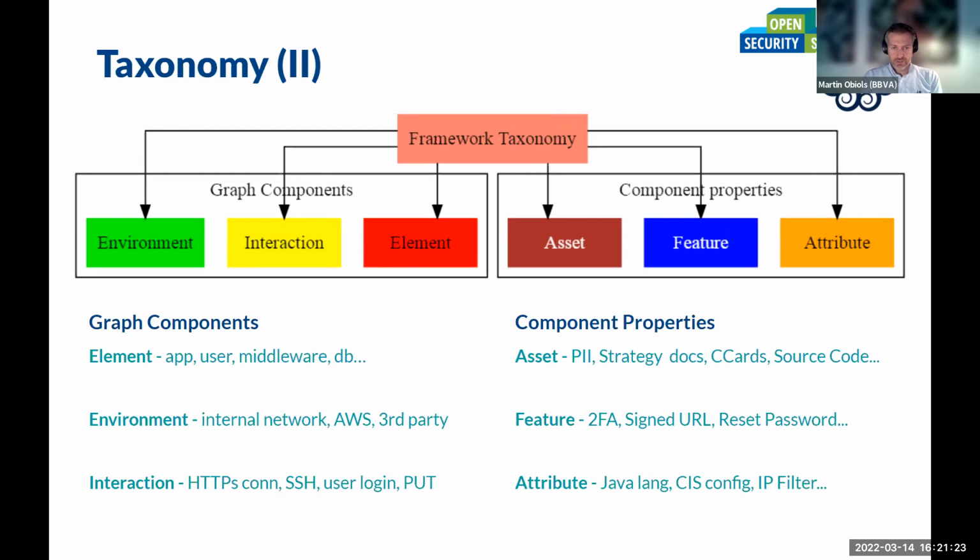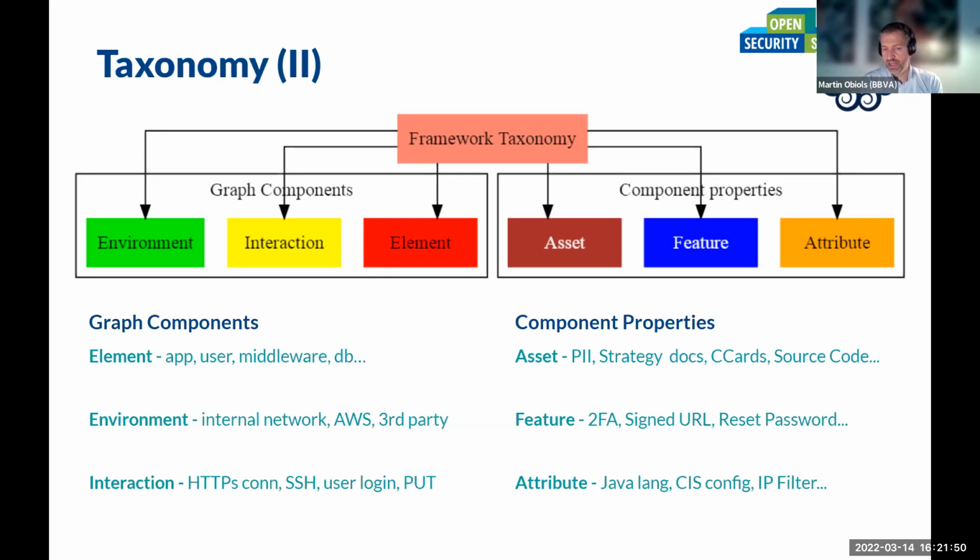Following up with the other part of the taxonomy, we have the component properties on the right. These are not drawn on diagrams. These are invisible. At the very most, they would be tags or small pieces of text that you put on the diagram. Okay, we decided to classify these undrawn components into three different components: assets, features, and attributes.